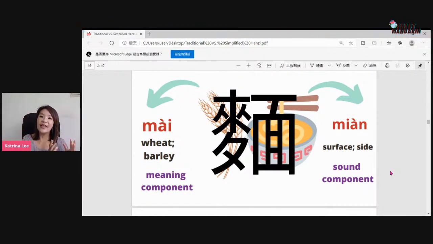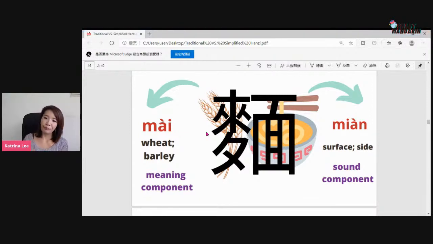So in traditional, the left part is the meaning component because it provides the meaning of this character. Noodles come from wheat and barley. I'm not a farmer, I don't know, but I guess. On the right side, this component is pronounced mian, and its meaning is surface or side or face.